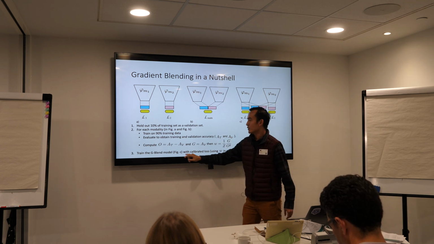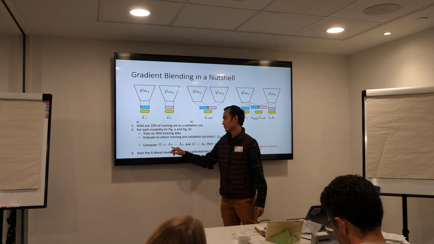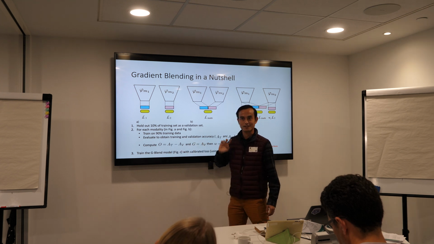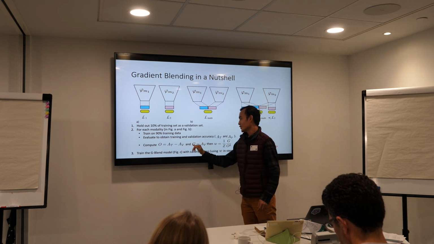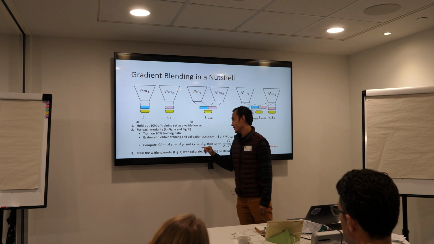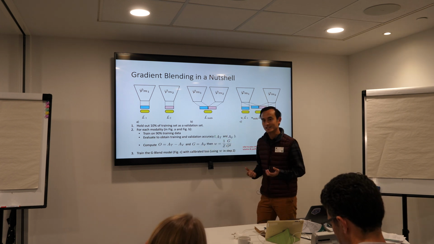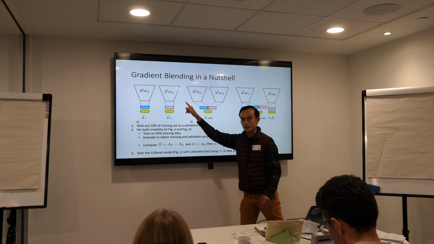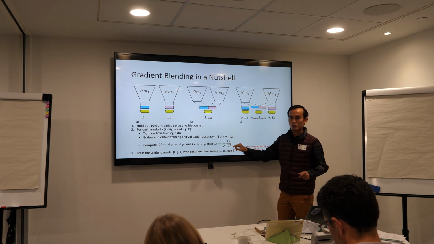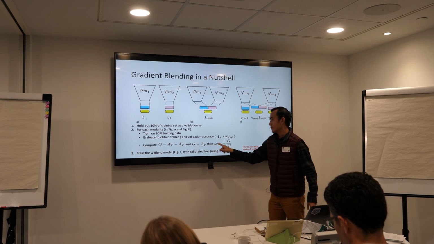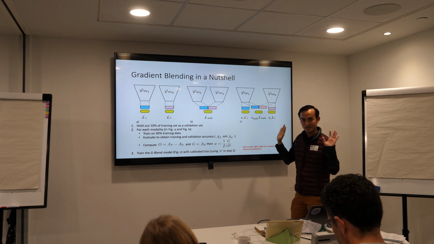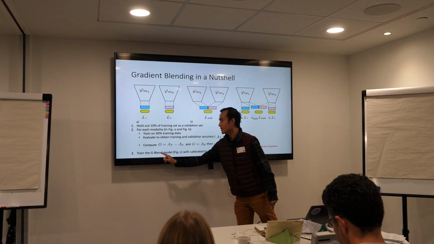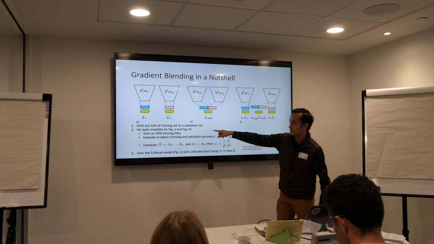Then you compute the overfitting, which is the difference between training accuracy and validation accuracy, and the generalization metric, which is validation accuracy. Then you compute the weight for each modality by G over O squared, and you normalize them so that all the weights sum to 1. The last step is to train the model with the learned weights.